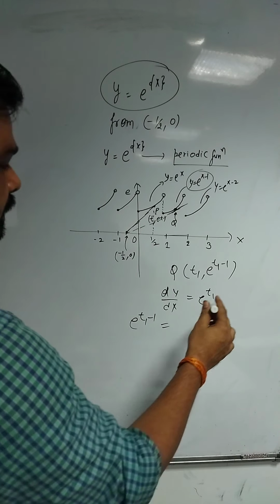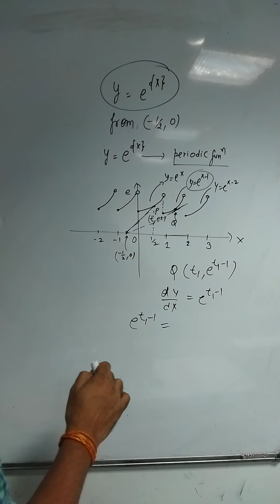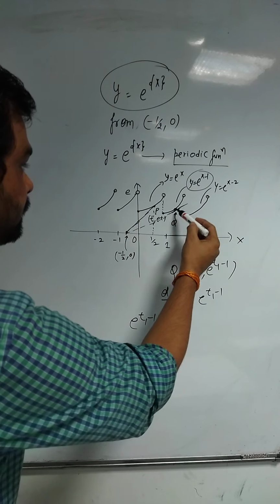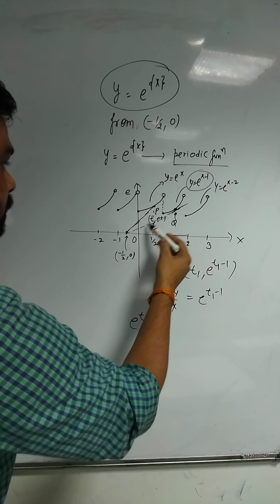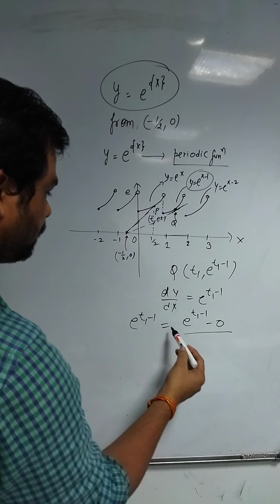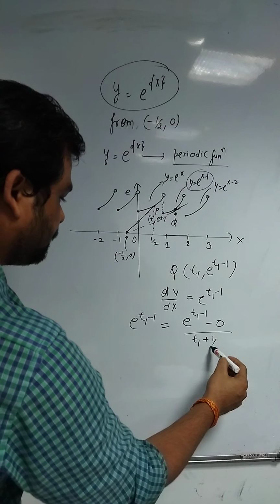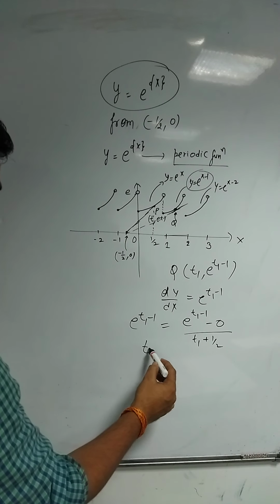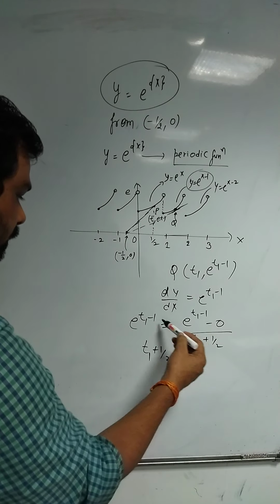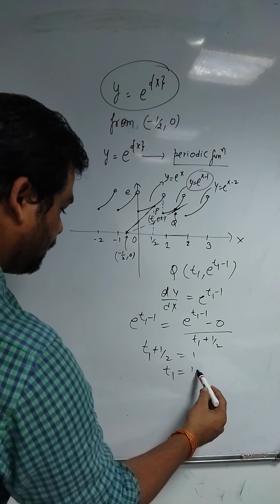The slope of the line is e to the power t1 minus 1 minus 0 upon t1 plus half. So t1 plus half is equal to 1, and t1 is coming out to be half.